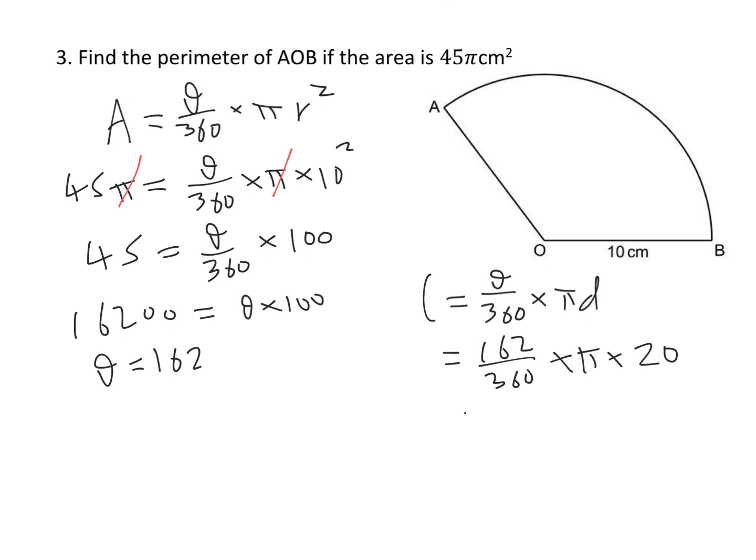That gives you 9 pi, which is 28.27 to 2 dp.